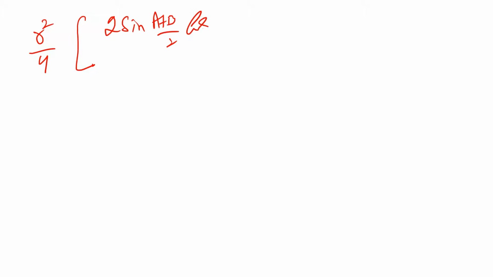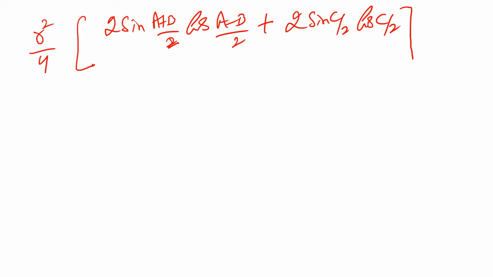Now students, this can be written as r square divided by 4 into this sine A plus sine B plus sine C, which can now be written as 2 sine (A plus B) by 2 into cos of (A minus B) by 2, plus this sine C can be written as 2 sine C by 2 into cos C by 2, right? And in the denominator we already have sine A by 2 into sine B by 2 into sine C by 2.